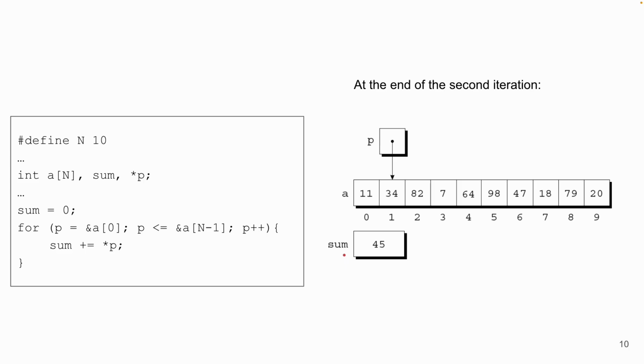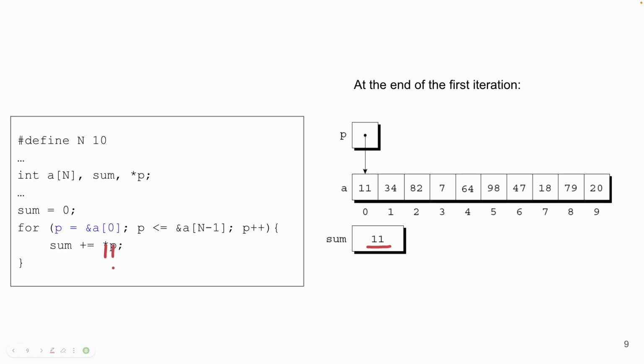And then after we finish the first iteration, we need to go back here, right? We need to increment P, so P will now point to A[1]. Then we have the second expression to check if P reached the final element or not.